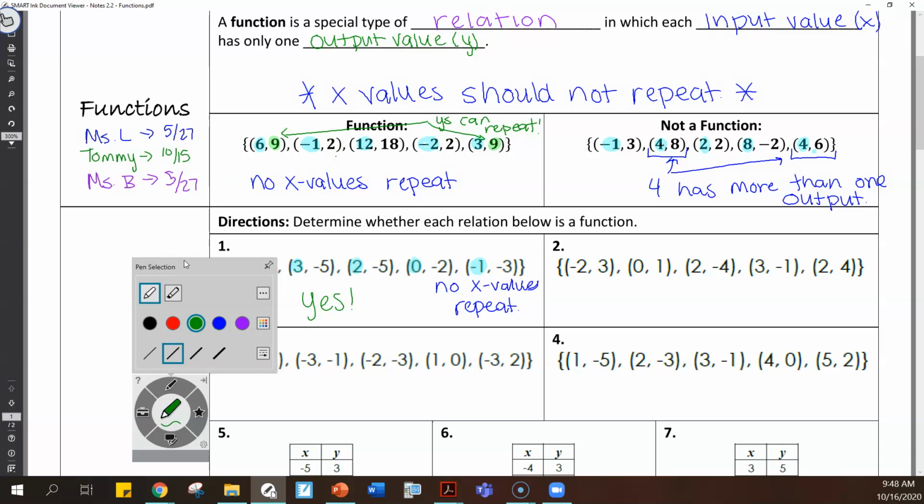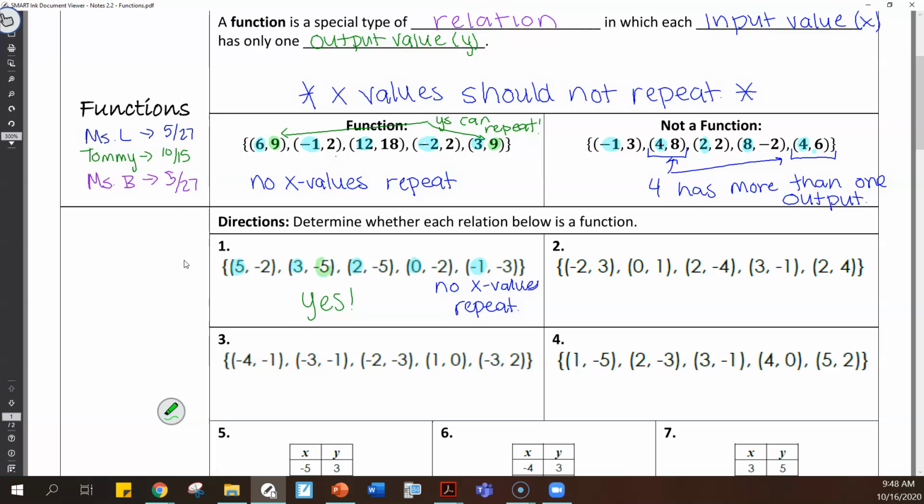Okay. It is not a problem that my y values repeat. Negative 5 can appear as many times as I want it to in the y column or in the y position of my ordered pair, as long as my x's don't repeat.